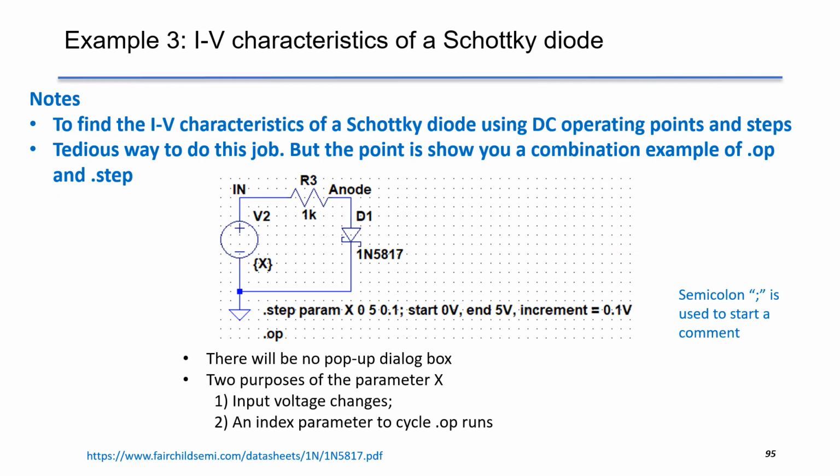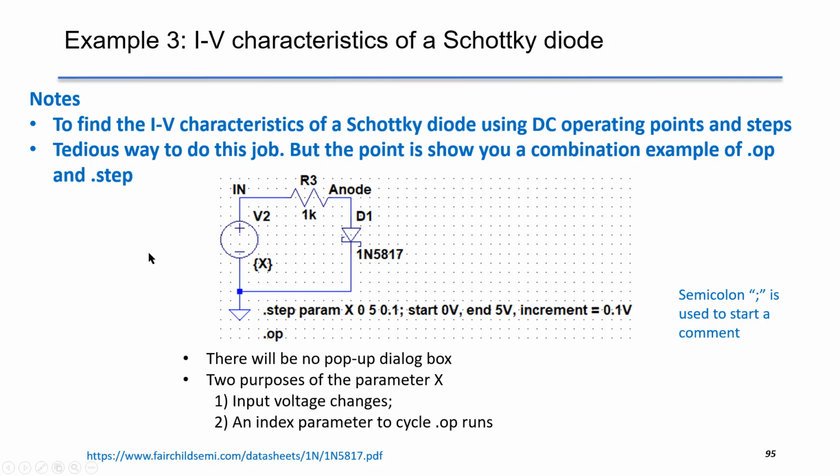This is the third example. In this example, we want to find the IV characteristic of a Schottky diode using the DC operating points and steps. This is a very tedious way to do the job, but the point is to show you a combination example of operating points and the steps.